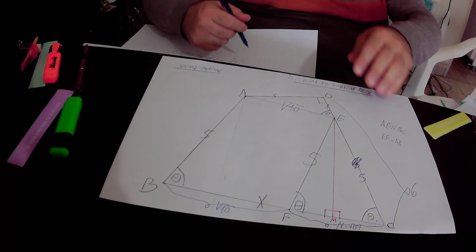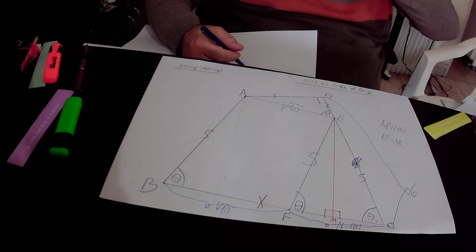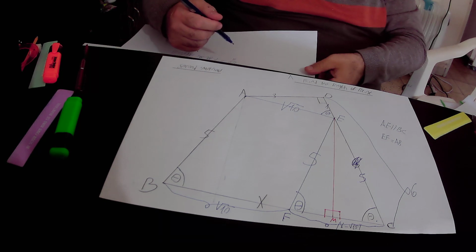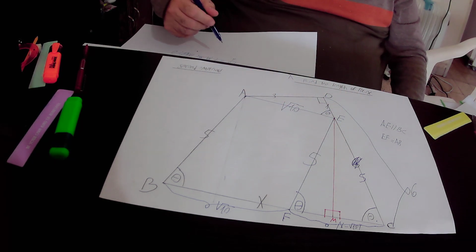But we have already found out that FC equals x minus square root of 10. Therefore, MC will be half of it. It is FC over 2.